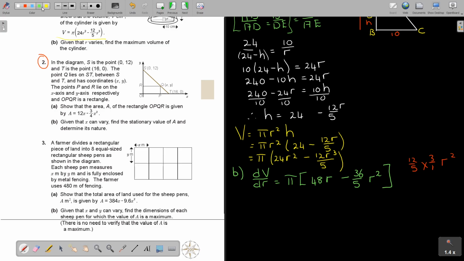And now I can say at stationary points, dV over dr is equal to 0. Okay, so basically I'm going to just put that equal to 0.